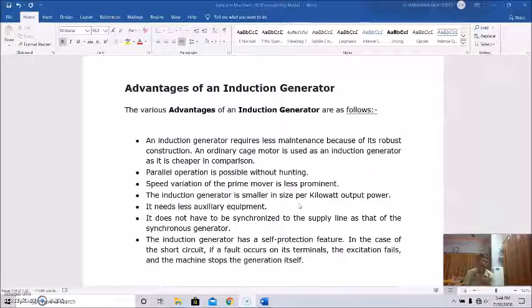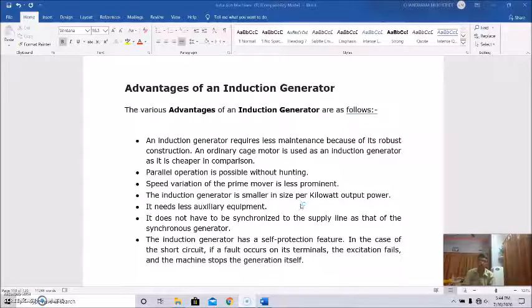Even in synchronous machines, whenever something happens out of synchronism, hunting will start. But since the induction generator runs as an asynchronous generator, parallel operation is possible without any hunting, and speed variation of the prime mover is less prominent.